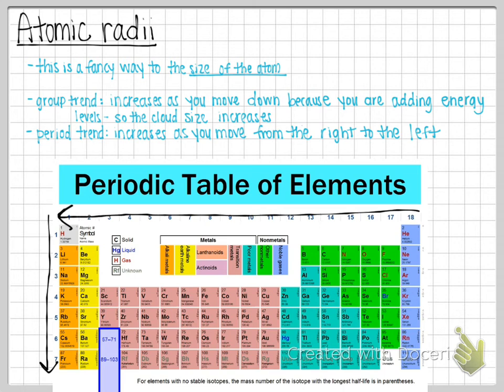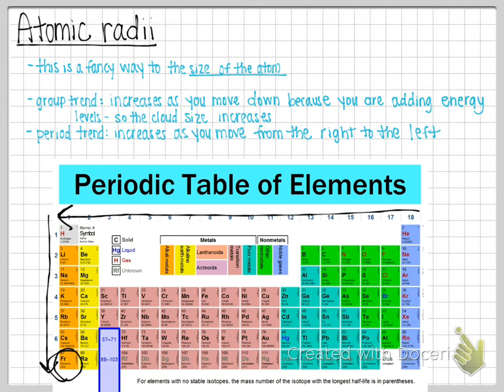So if we look at what element is going to have the largest atomic radii, it's going to be on the far left-hand side and all the way down. So that element, francium, has the largest atomic radii. And if you need to compare which atom would be bigger, you just follow this trend.